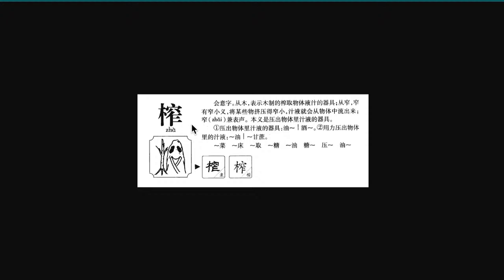A narrow space is called 窄. So obviously, with a press you put the stuff in the void and then you squeeze, making the space smaller and smaller, and then press the juice or oil out of it. So this is 榨.